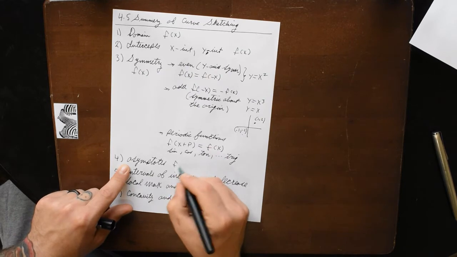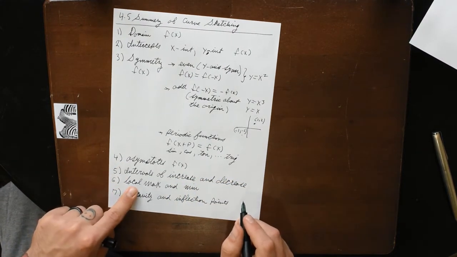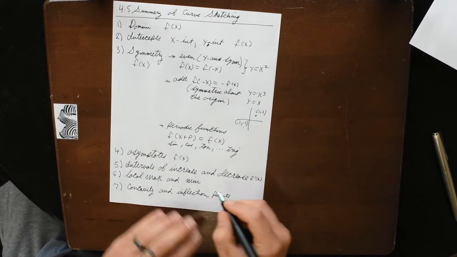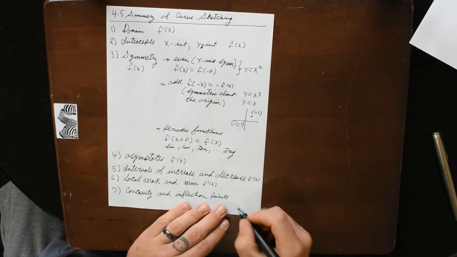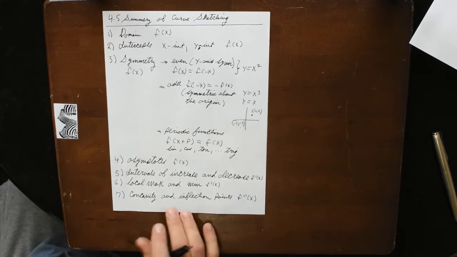Intervals of increase and decrease as well as local max and min, this information comes from f prime of x. And concavity and inflection points comes from the second derivative, f double prime of x.